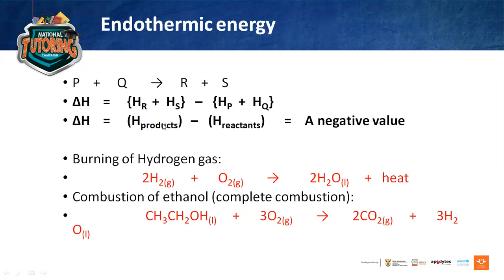So if you say 2 minus 5, it's going to give us a negative answer, and this will be a negative enthalpy change, and that is our exothermic reaction. Burning of hydrogen gas is an example of an exothermic reaction, because we've got our two elements here, but they release heat. So we've got heat on the product side. Your heat is always on the product side when you're doing an exothermic reaction.